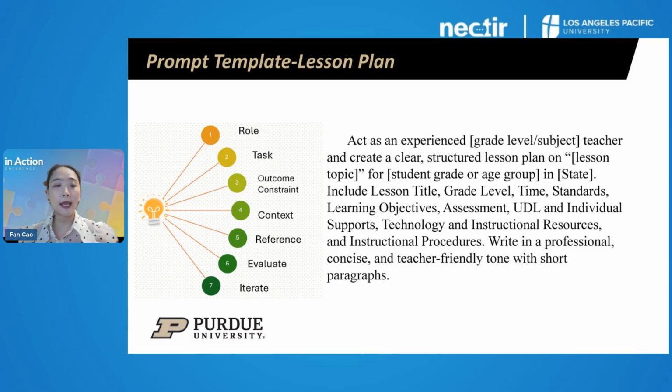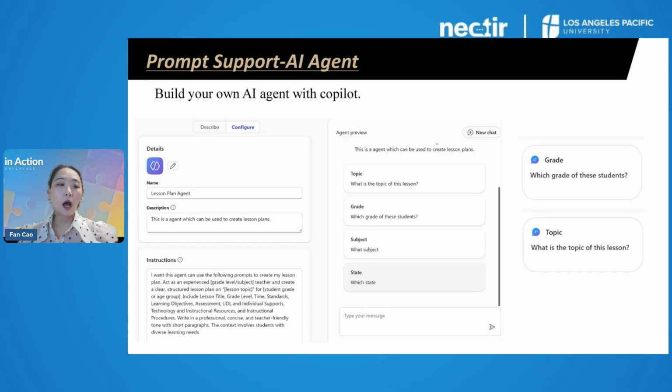You copy and paste it into different AI tools every time, but it's still kind of troublesome. So I also use an AI agent. I come from Purdue, so our university uses Copilot, and we have the membership so we can create AI agents.